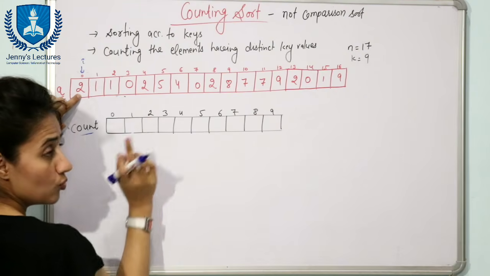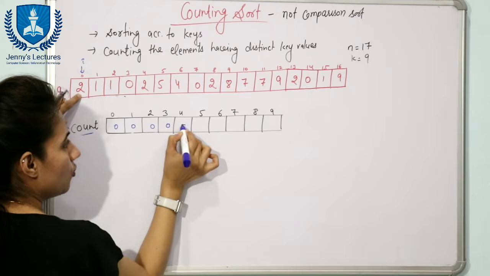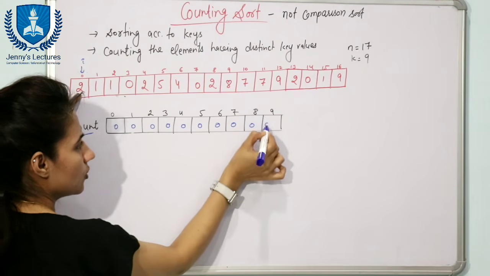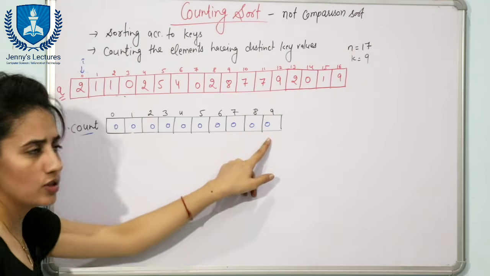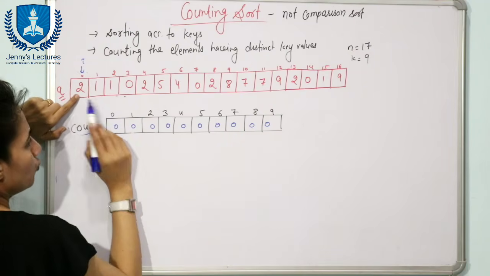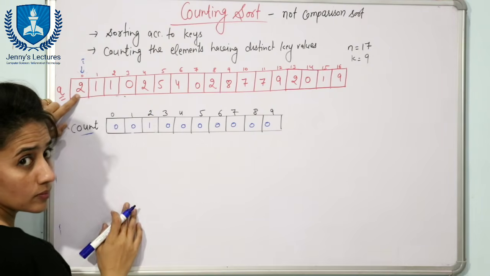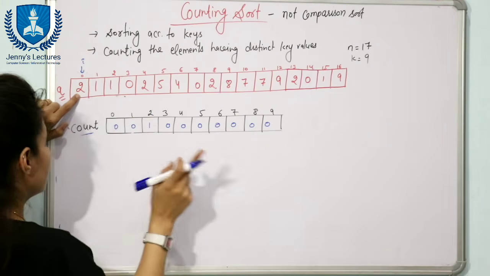At the start, all the values in this count array would be initialized to 0. Now see this 2, go to the index 2 and increment this value. Now it becomes 1. We are going to add 1.